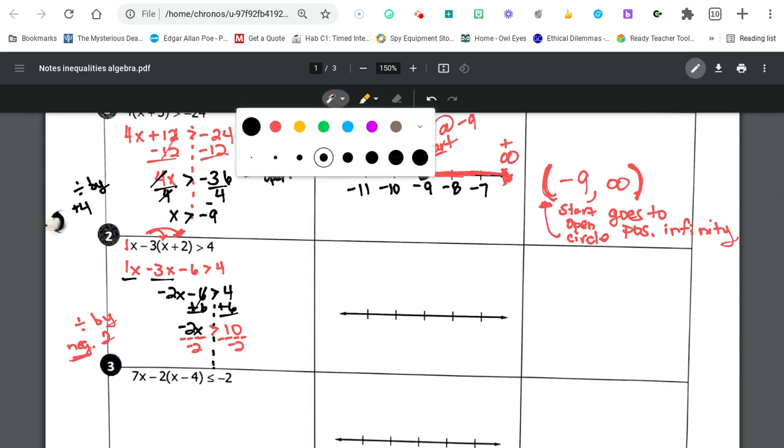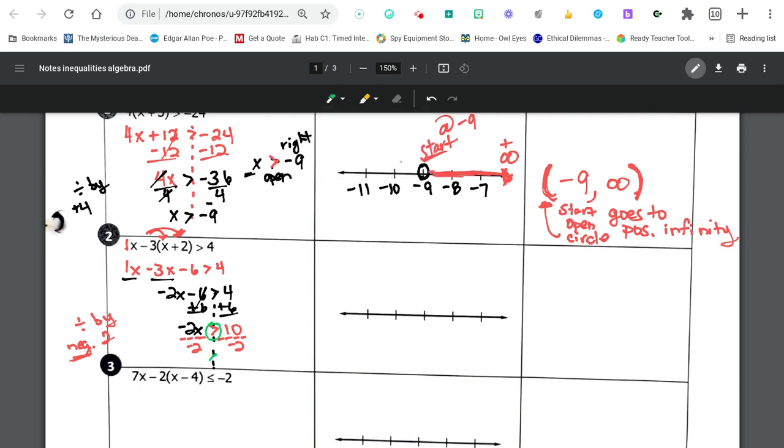So my greater than symbol is going to flip to less than. So I got x less than -5. Remember, if you divide by a negative or multiply by a negative, flip the symbol.